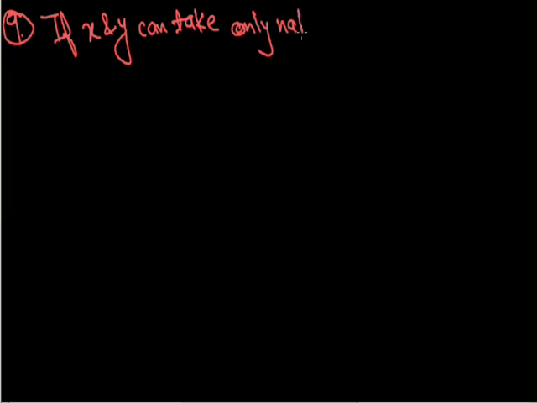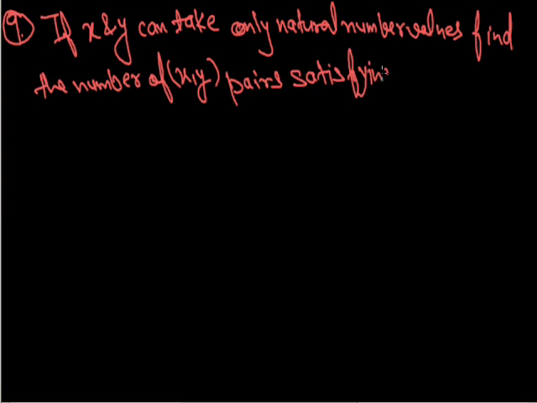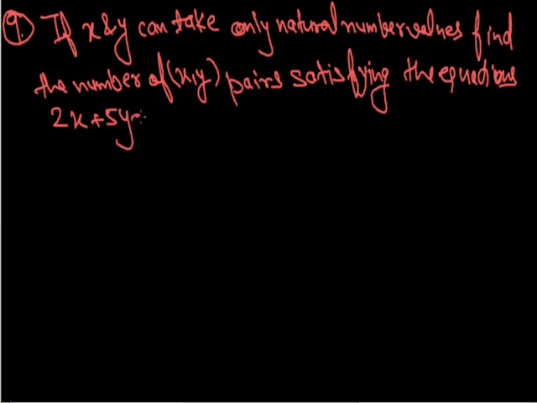Question number 9. If x and y can take only natural number values, find the number of (x, y) pairs satisfying the equation 2x plus 5y is equal to 100.